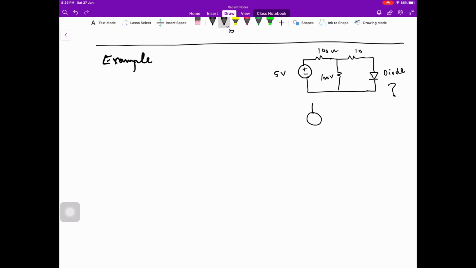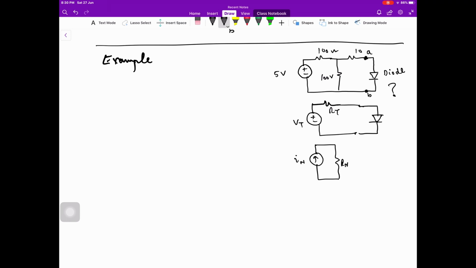Yes, we can find the Thevenin equivalent over here. This is A and B, the Thevenin equivalent seen by the diode, or we can find the Norton equivalent seen by the diode.